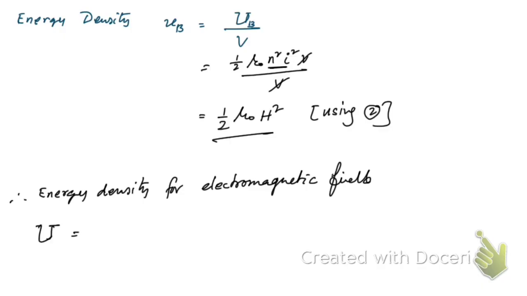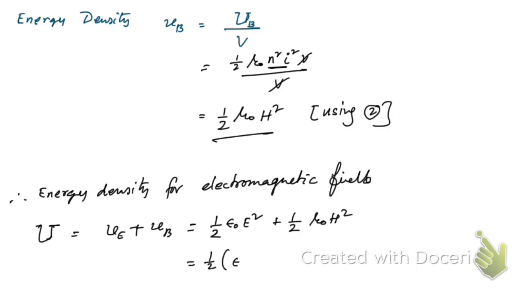U is equal to energy density for electric field plus energy density for magnetic field. The energy density for electric field is half epsilon naught E square, and for magnetic field we have got half mu naught H square, right? So half can be taken common, then epsilon naught E square plus mu naught H square. That's what we can prove.